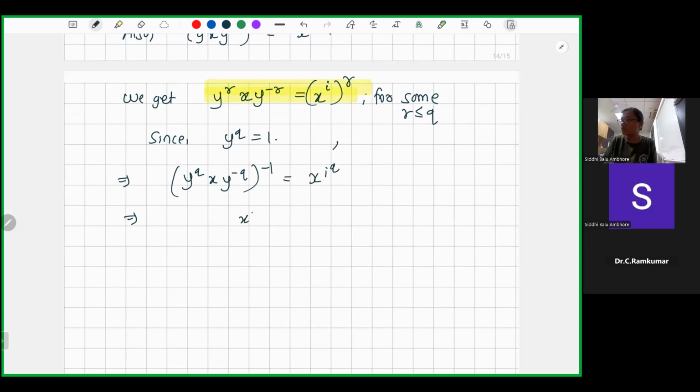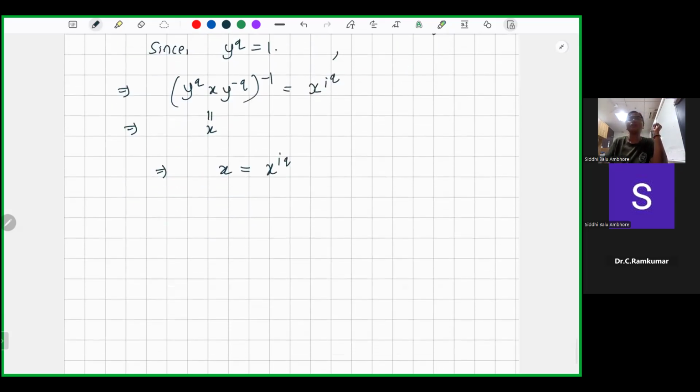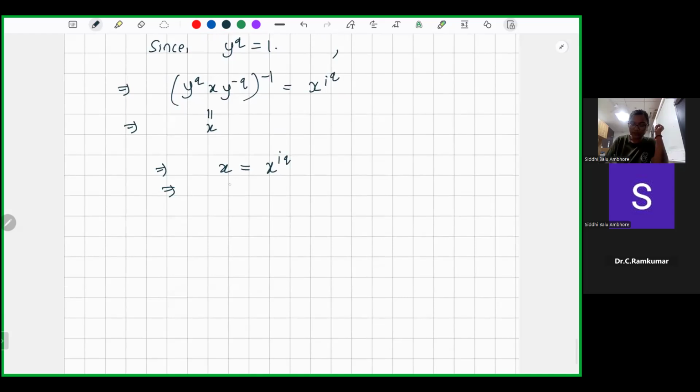This implies that x is equal to x power iq, and this will imply that x power iq minus x is identity.